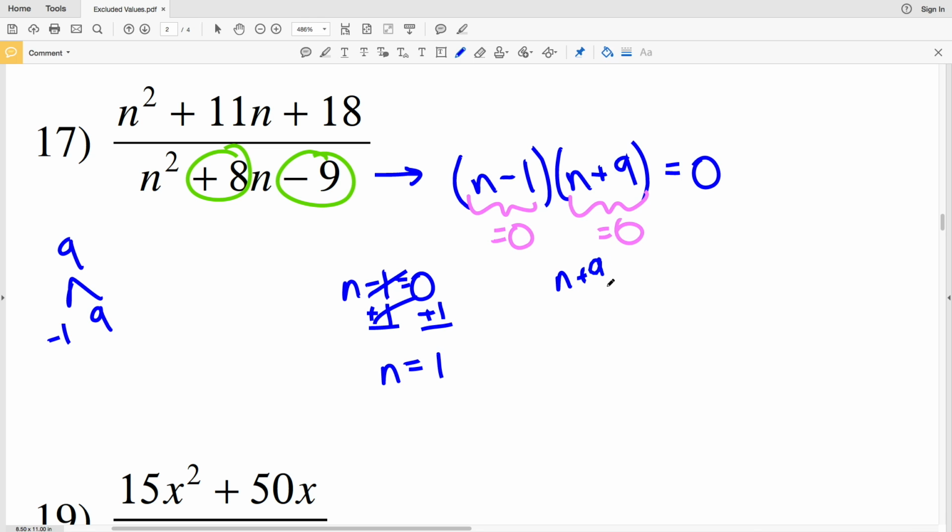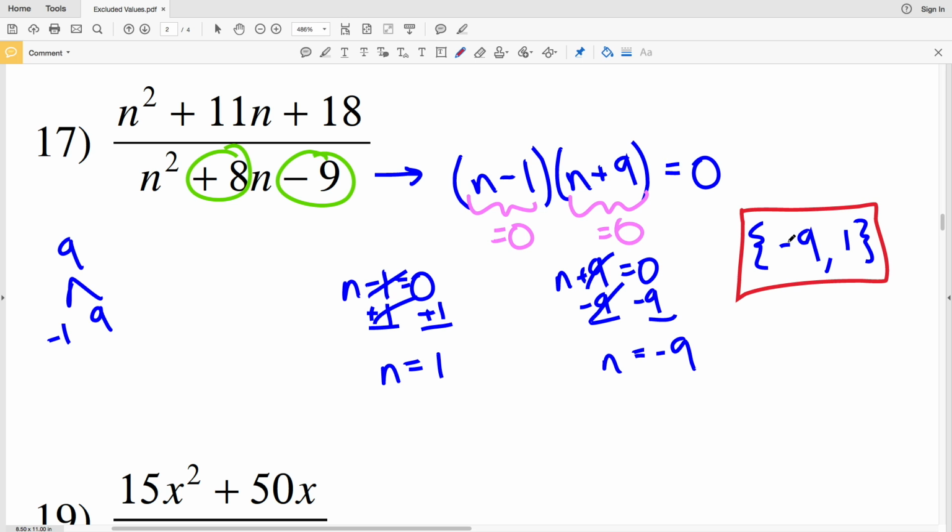And n plus 9 equals 0, subtracting 9 from both sides to get that n all by itself, that's going to be n equal to a negative 9. So my excluded values in number 17 are negative 9 and 1. When n is equal to either of those, we will be dividing by a 0, which will give us an undefined answer. Therefore, those are excluded values.